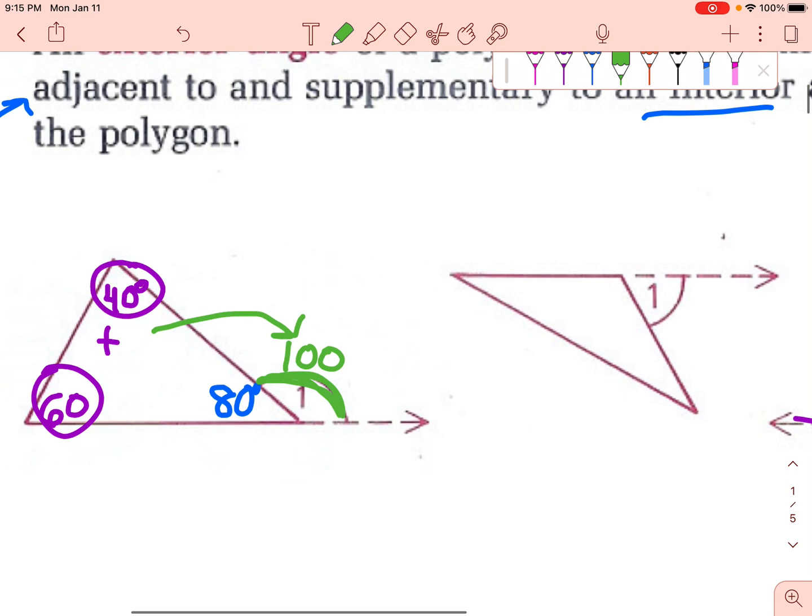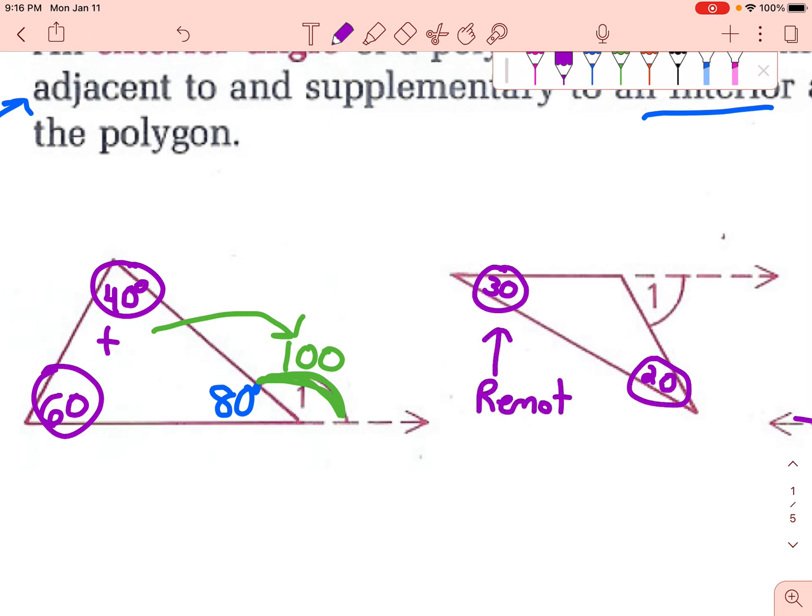Hey, Miss Botica, does that always work? Well, let's try another one. Let's do two purple angles. We'll do 30 and 20 because those look pretty small. Now again, 30 and 20, these two angles over here are the two remote angles. We've talked about these before. They are not touching the exterior angle.